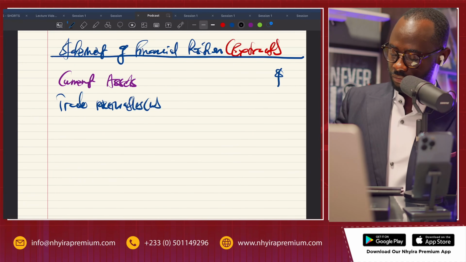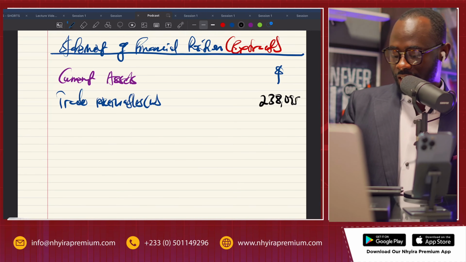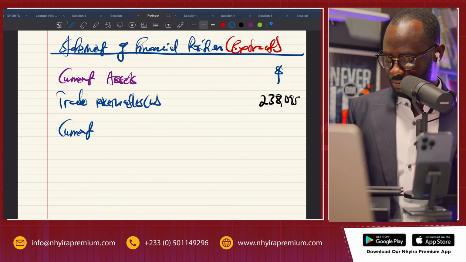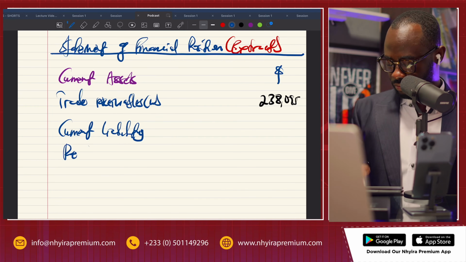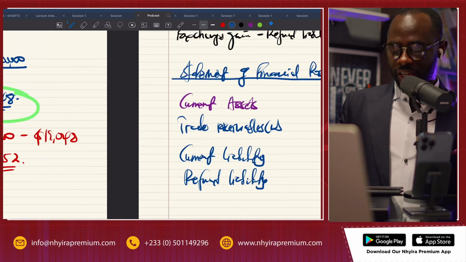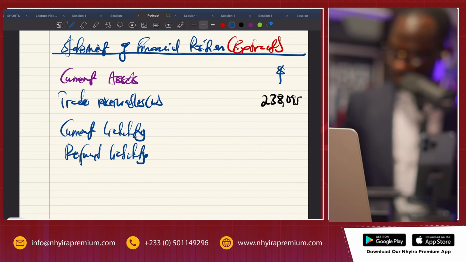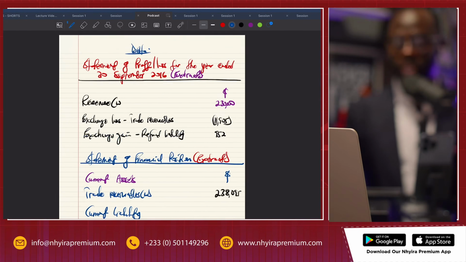That is what will come. Then under current liabilities, we bring in the refund liability, and we bring in the new figure, which is 19,048. This is the answer to the question.